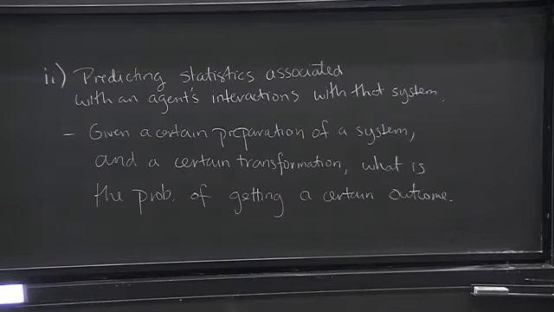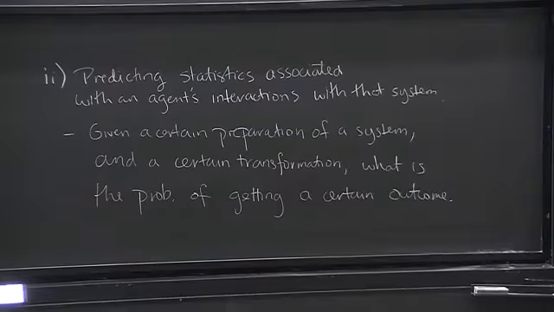This is describing a specific system, and this is saying, given that you have this specific system, how do you put everything together to predict the statistics of an experiment? And so both of these components are necessary to describe a specific experiment or some sort of phenomena.